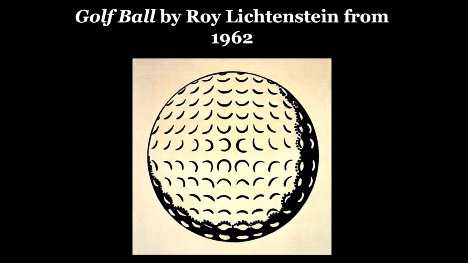And so this work, even though it's called Golf Ball, looks very much like the moon because we're beginning our space race. The dimples in the golf ball look like craters on the moon. And we also don't have any area around this work, any landscape, to help cement this object on the ground. It looks as if it's floating in the sky.